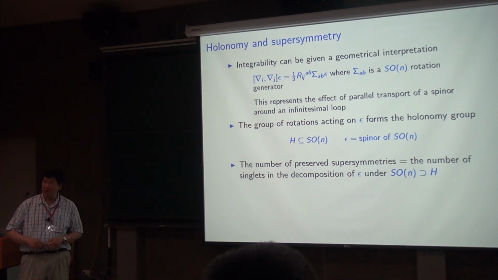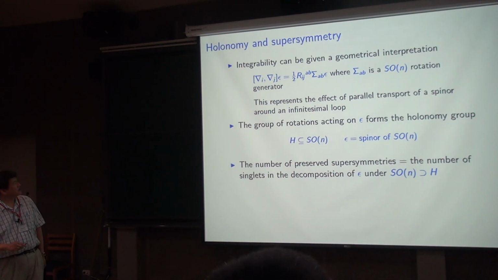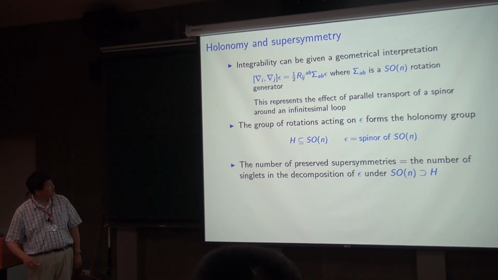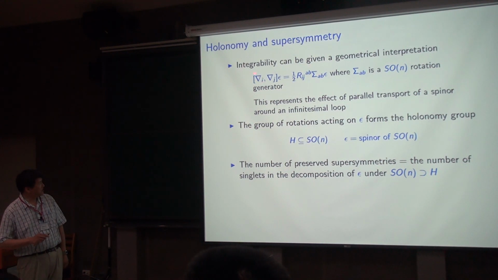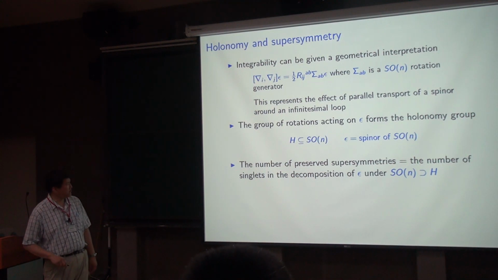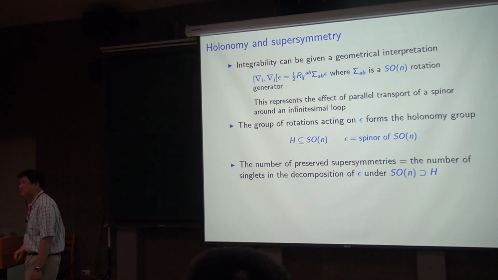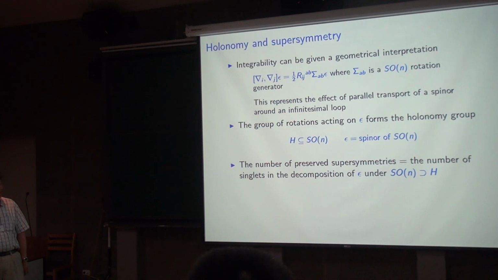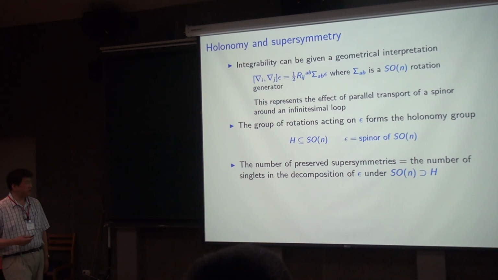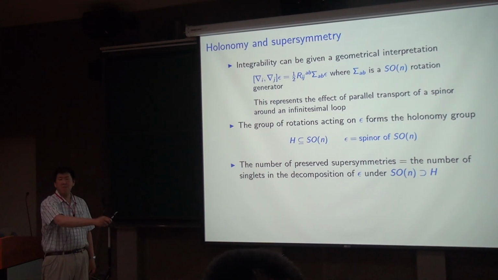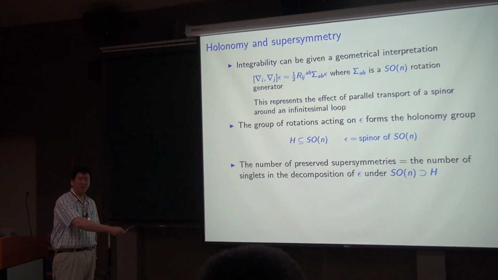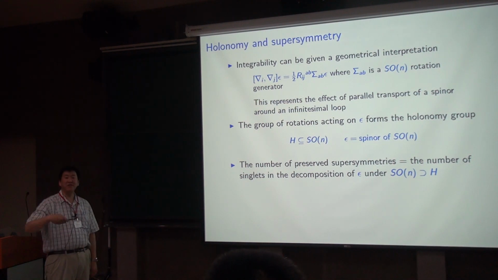Let me think a little bit more about that, so let me go back to my integrability equation over here. As I said, the commutator of covariant derivatives basically is telling you something about parallel transport. And by parallel transporting a spinor along a closed loop, either the spinor parallel transports back into itself, or it parallel transports into a rotated version of itself.